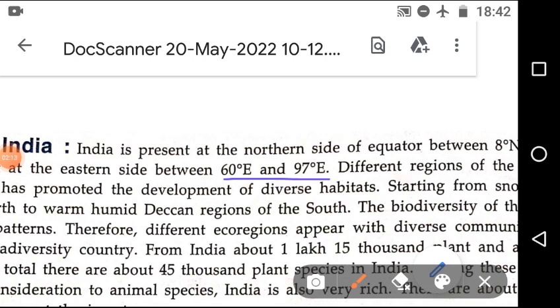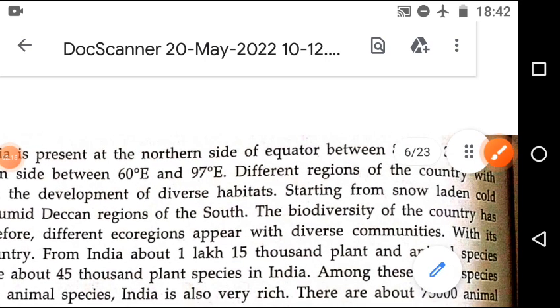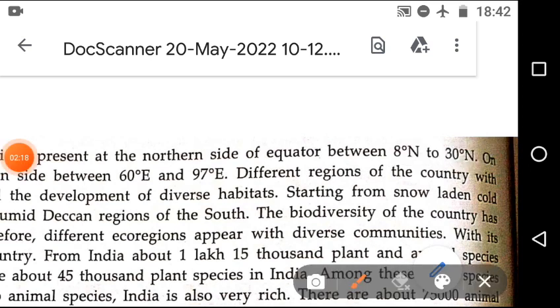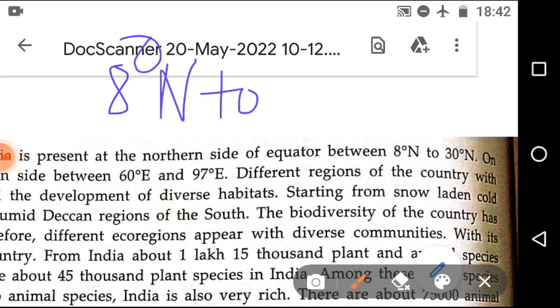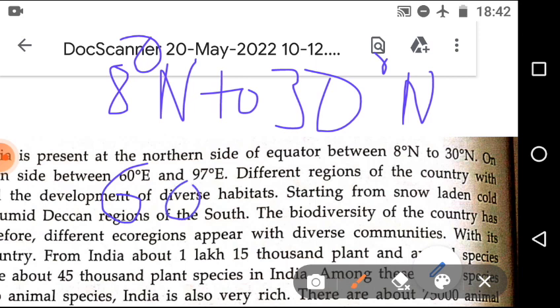In terms of latitude, it is between 8 degree north and 30 degree north, and according to the meridians of longitude, it is between 60 degree east and 97 degree east.